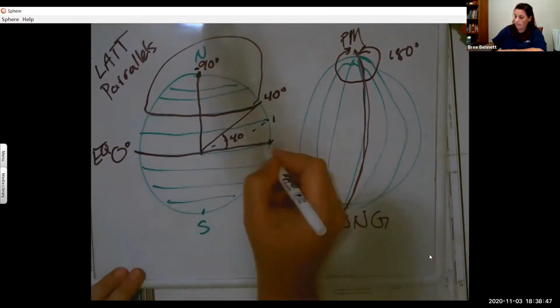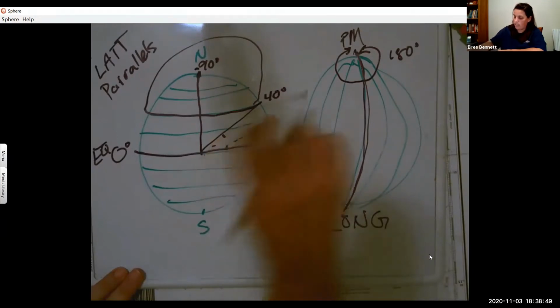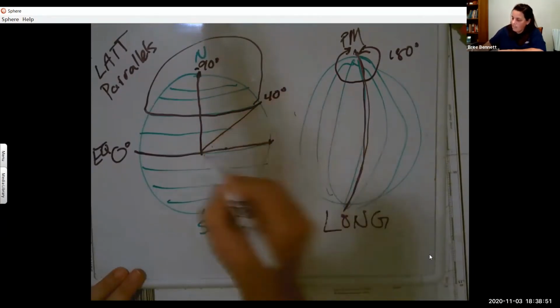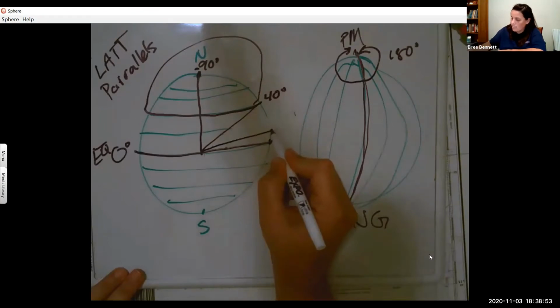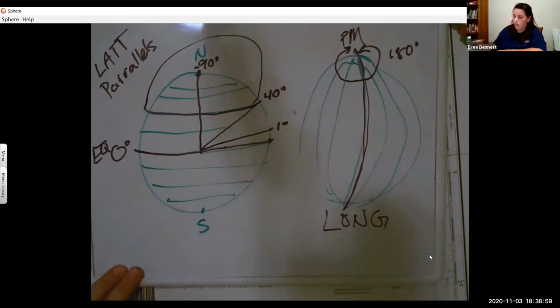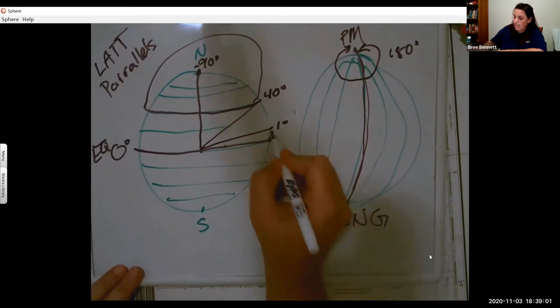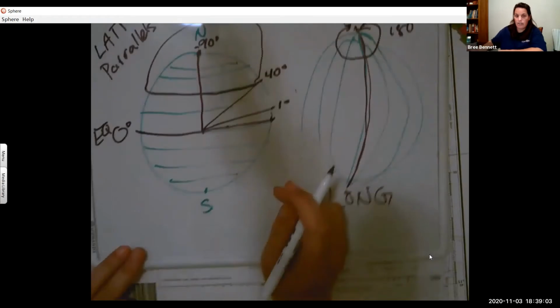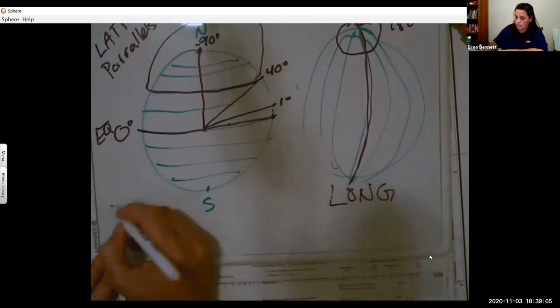Now if we zoom in here, and we look at 1 single degree of latitude, and we split that up. What do we split our degrees into, or how do we mark degrees? What is our position right now?